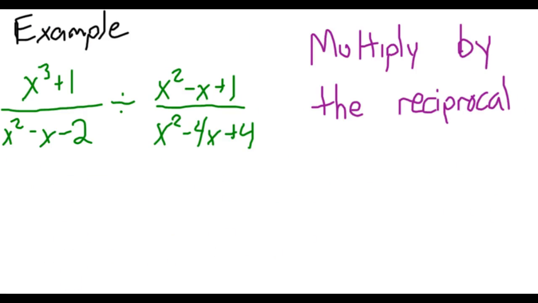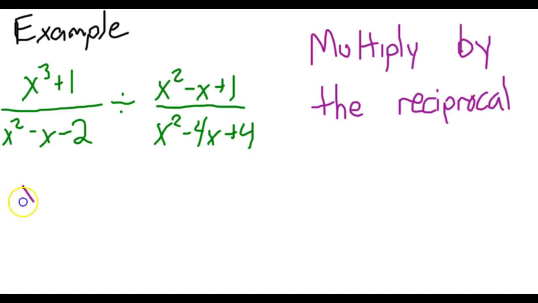The next example is dividing two rational expressions. We have x cubed plus 1 divided by x squared minus x minus 2, divided by the rational expression x squared minus x plus 1 divided by x squared minus 4x plus 4. If we have a division problem, we can make it a lot easier by simply turning it into a multiplication problem by multiplying by the reciprocal.